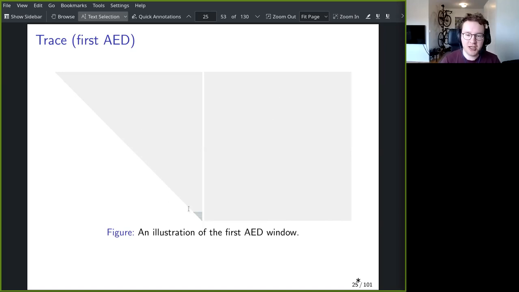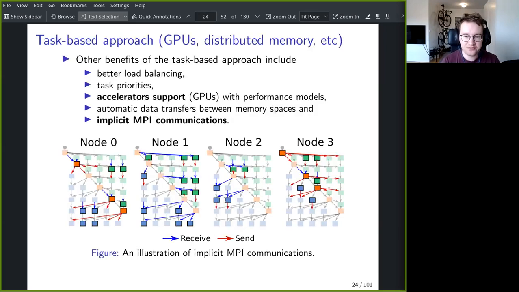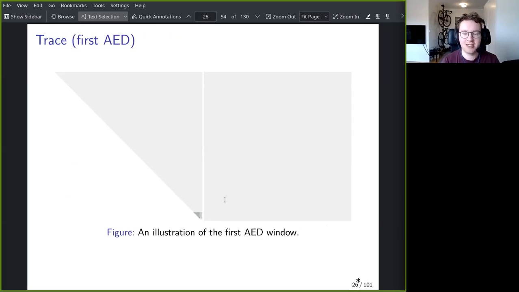The first thing you note here, which is not necessarily that visible, is that we have an AED window here. The algorithm starts with the AED, and you can see a little bit of action happening there. It is doing the recursive QR and then the deflation checks, until it has finished and computed all the shifts.